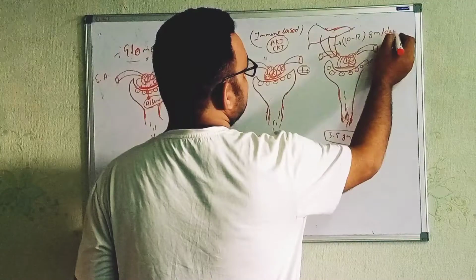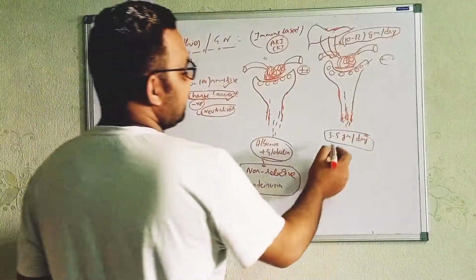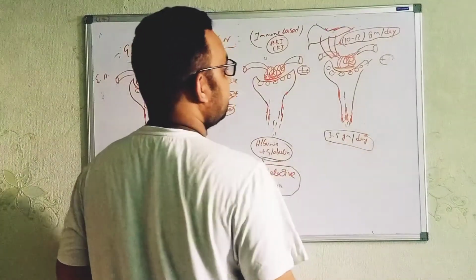This much protein is produced by the liver every day. Then why are we getting only 3.5? Where has the rest of the protein gone? That's the question here.